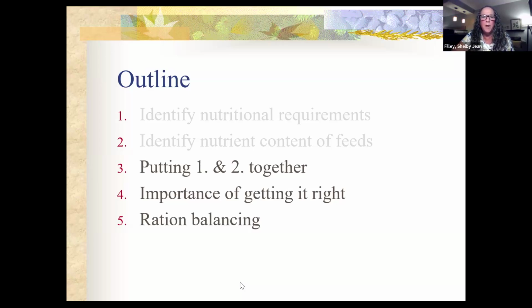Sydney, if you want to email me, then I can give you a copy of that. Or you can go on the OSU Extension Service website and search for laboratories, and it'll give you that publication. Shelby, I'll find that publication and also put the link in the chat. Okay, that would be good. Thank you.